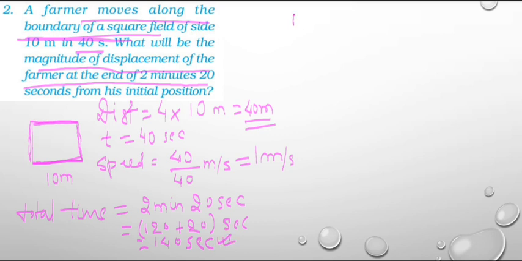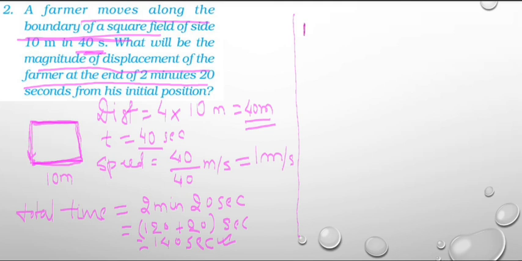So how many revolutions did the farmer complete? For one complete revolution, from the starting point coming back to this starting point after traveling the boundary once, it took 40 seconds.